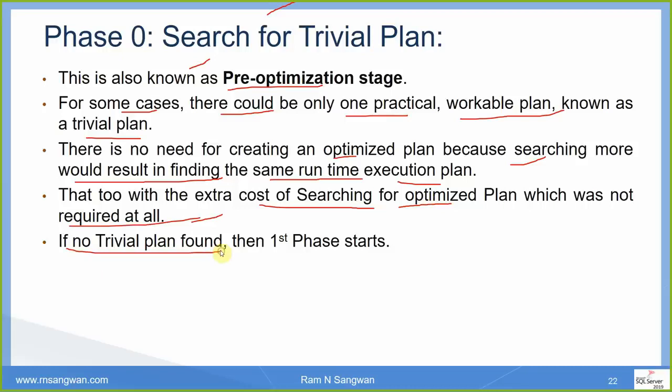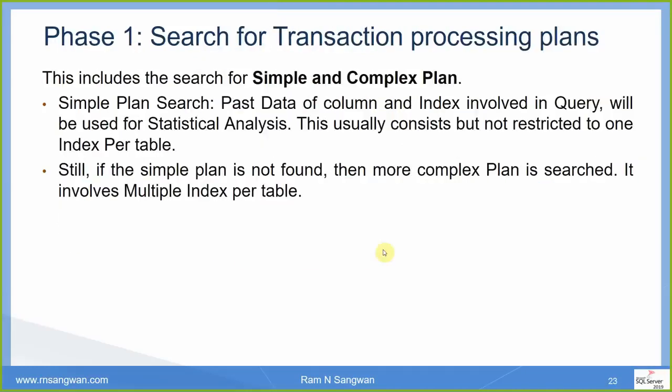If no trivial plan is found, then the first phase starts. If phase 0 fails, no trivial plan found, then phase 1 starts. It searches for transaction processing plans. This includes search for simple and complex plans. What all possible plans are there? Complex and simple. Give me both.